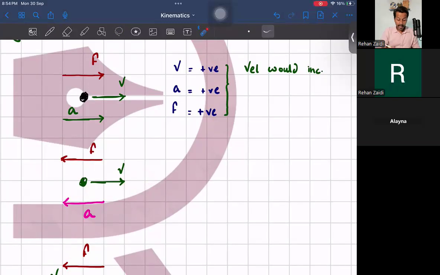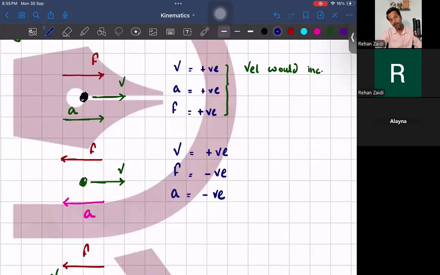Acceleration now would have the same direction as the force, negative. So in terms of directions, velocity is still positive, but the force is negative due to direction only, and the acceleration will also be negative due to direction only.